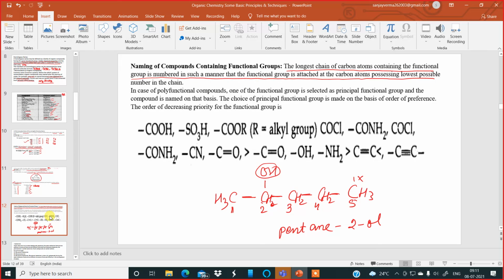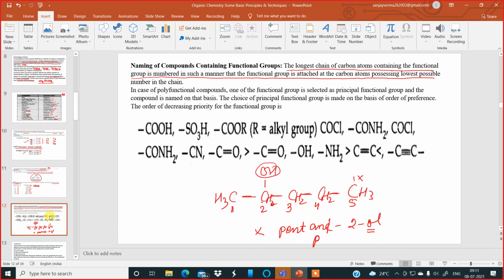There are no other functional groups. So, the prefix is absent. So, since this is a vowel over here, I will omit this e. So, the IUPAC name of this organic compound becomes pentan-2-ol, the correct name. Okay, so this is how you write the IUPAC name of organic compounds containing a functional group. In place of OH, I can have CHO. In place of OH, I can have so many other functional groups as required.